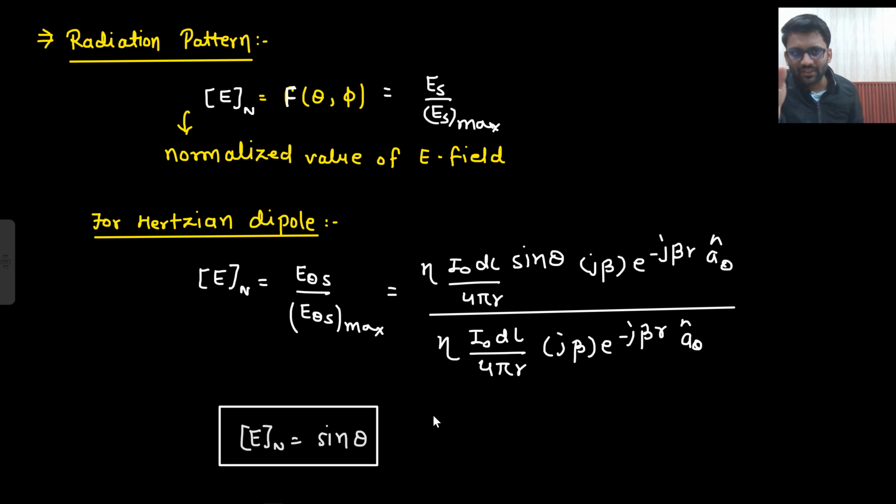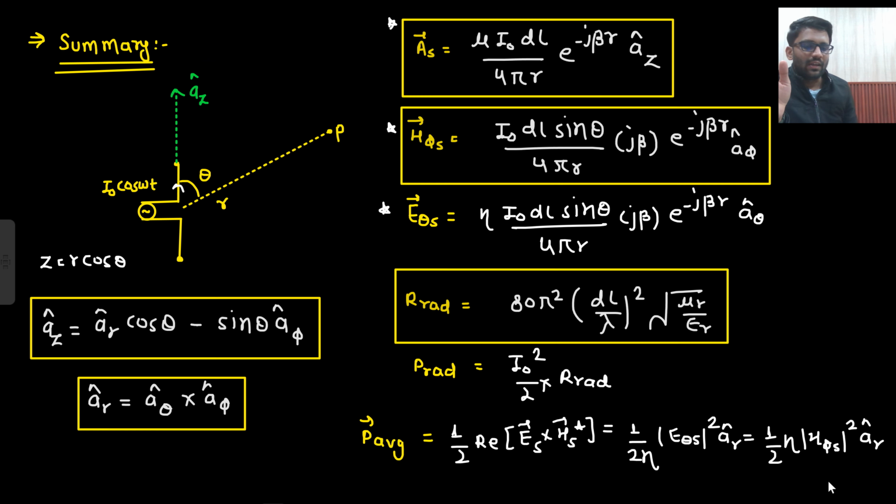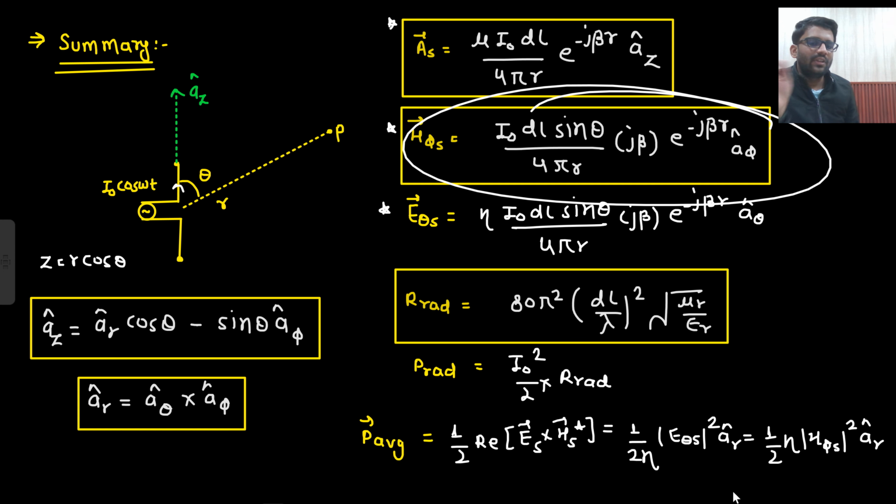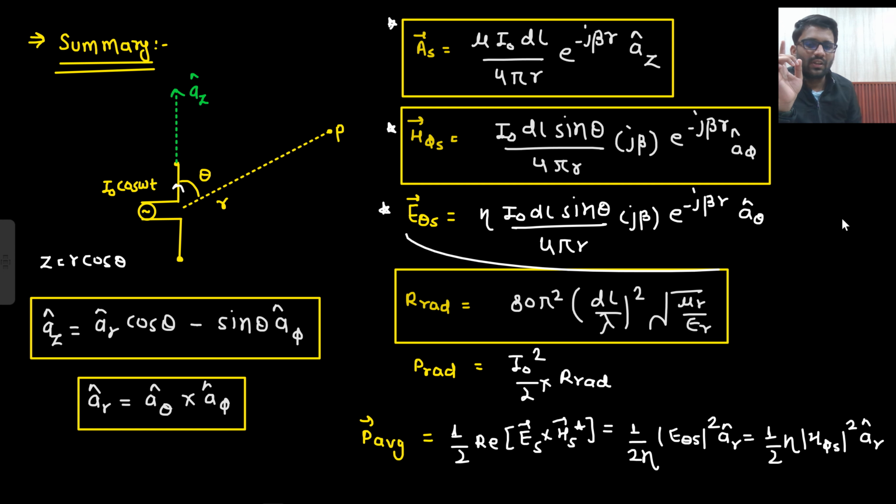In the expression, if you get any function of theta or phi, just pick that up. If I see the expression of E, which quantity is the function of theta and phi?